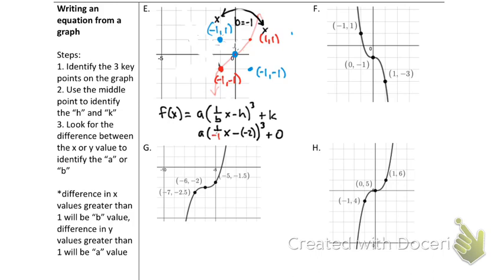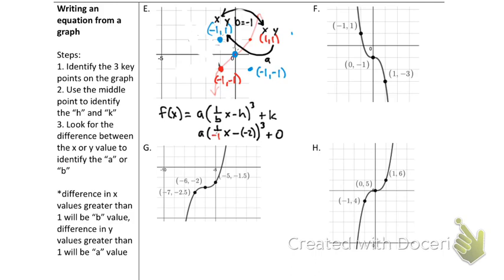So I'm going to use the same dot. And now I'm going to look at my Y's. Again, we're comparing the same dot. And I ask myself the same question. How did I multiply my original Y to get my new Y?